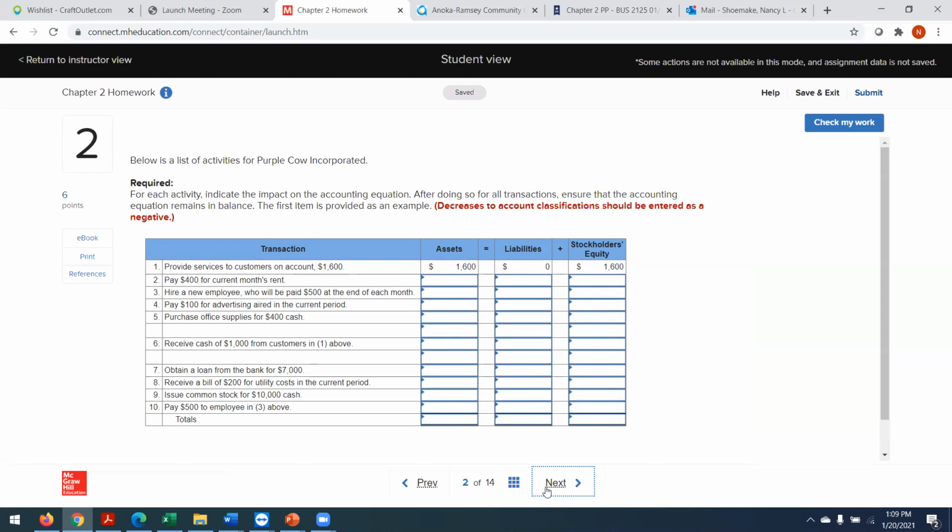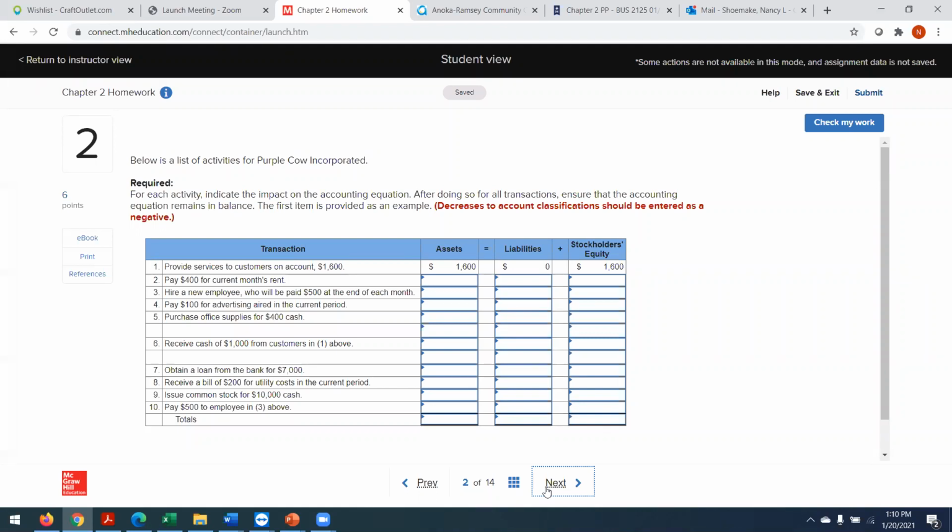Hire a new employee. And I'm going to tell you this is a trick. It's not a trick. It takes a little more thinking. Hire a new employee who will be paid $500 at the end of each month. What's going to happen here?